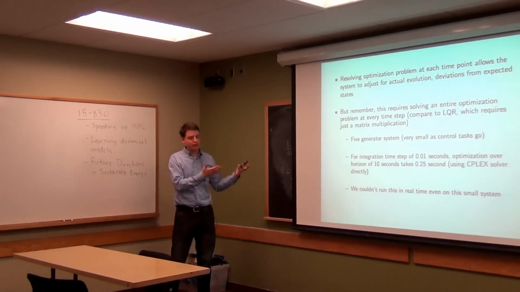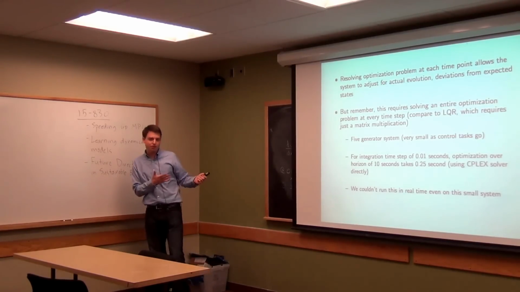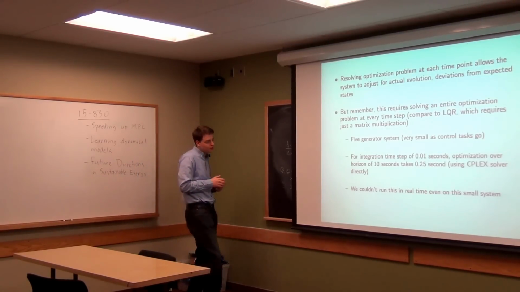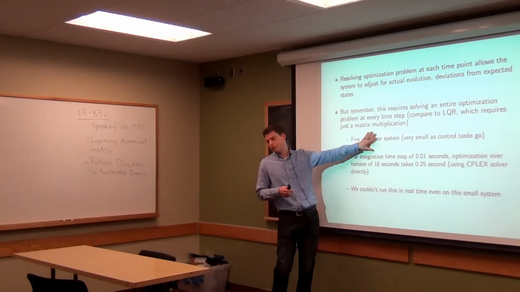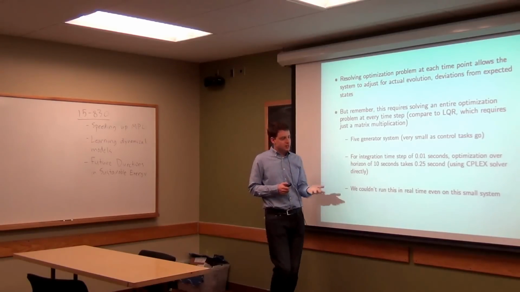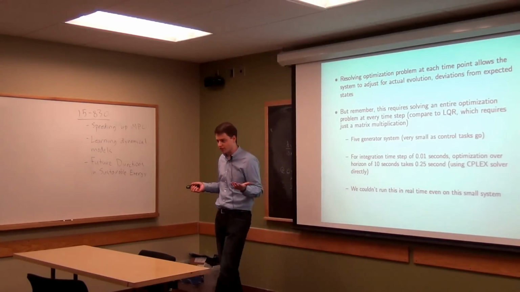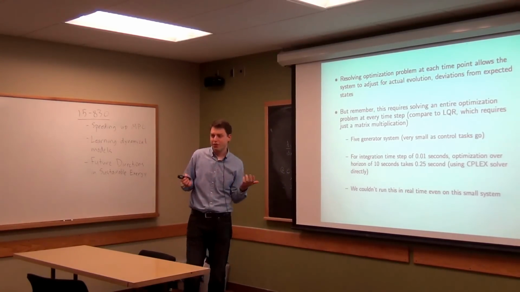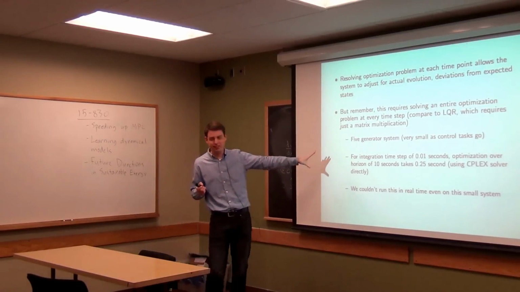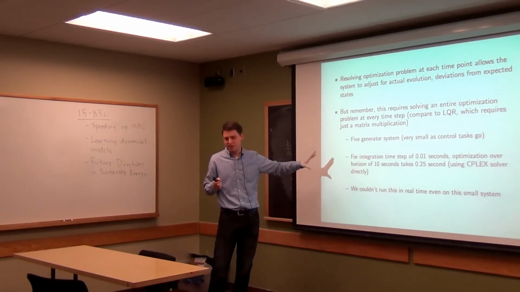How can we actually apply methods like this in scenarios where things are going really fast? And again, this is a pretty small system. This is a 5-generator system. This is not like the actual power grid. And to some extent, this is just going to be an issue. All you can do, to some extent, is say, well, maybe in cases like this, MPC is not quite the right thing.